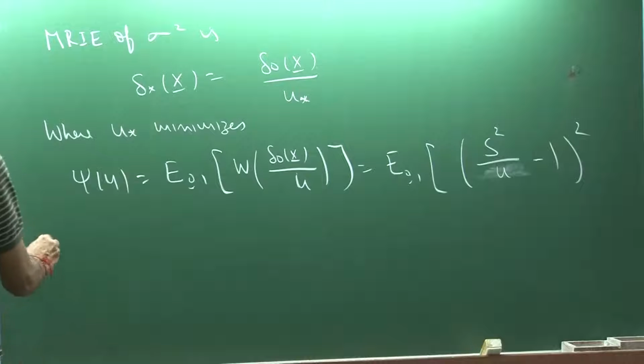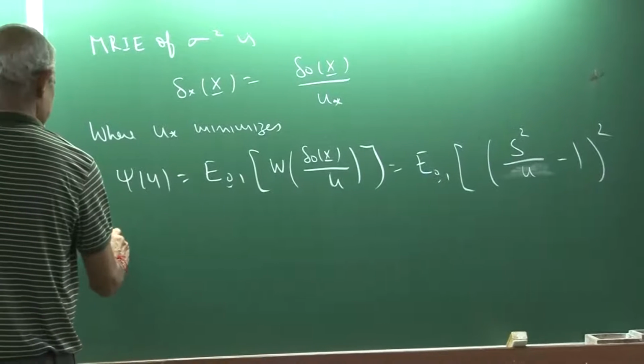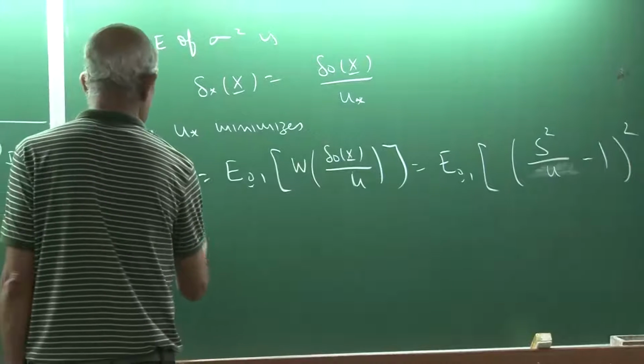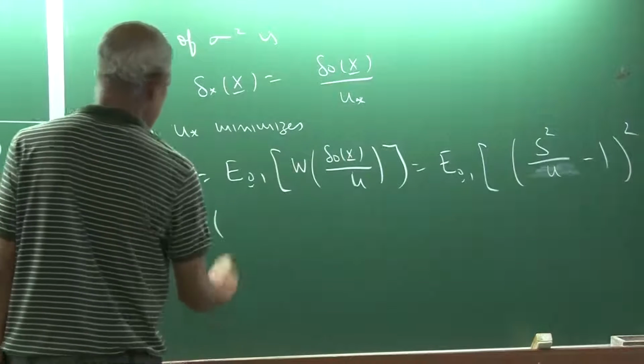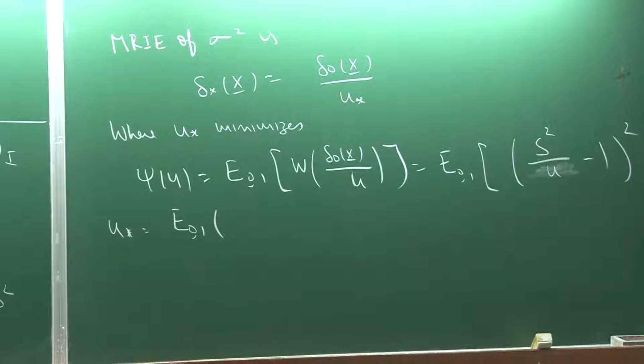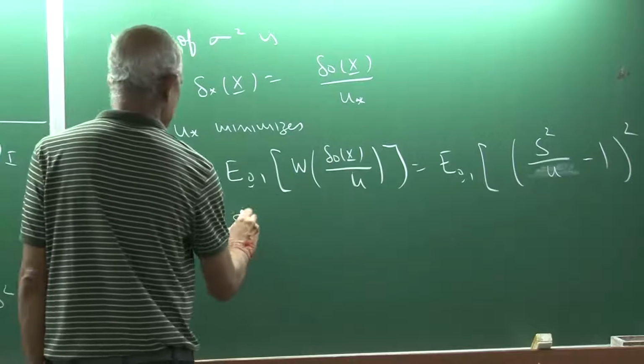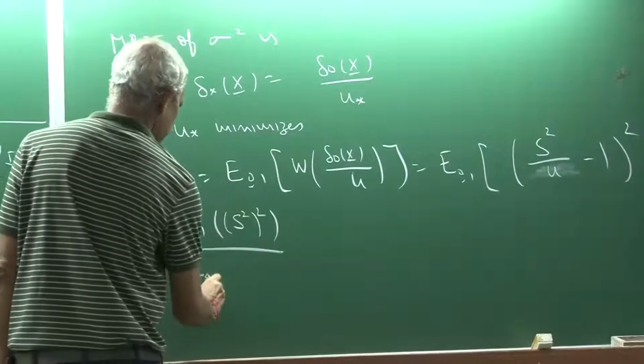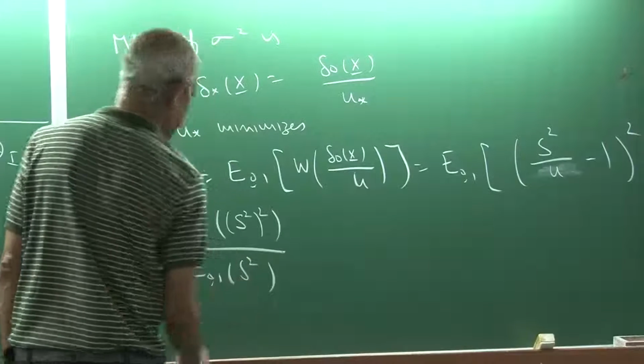What is the minimizing u star? The minimizing u star is nothing but E0,1 of s square whole square divided by E0,1 of s square.